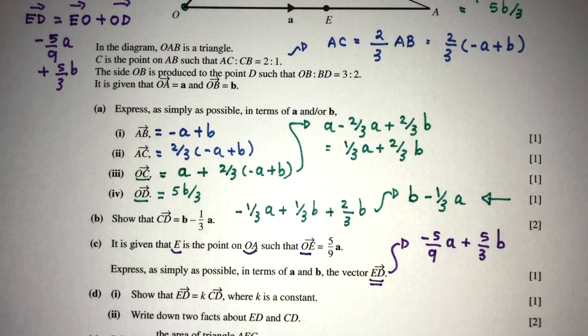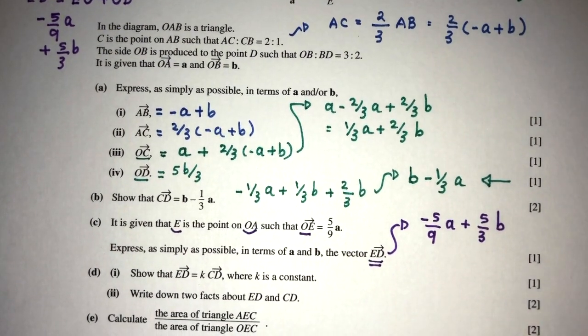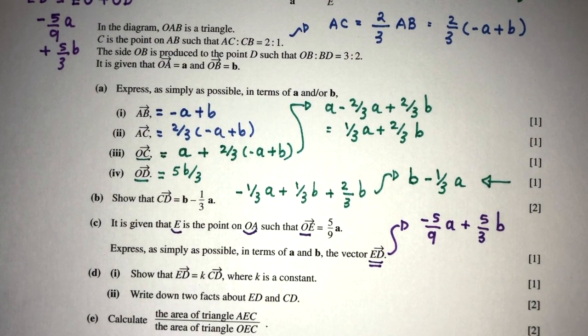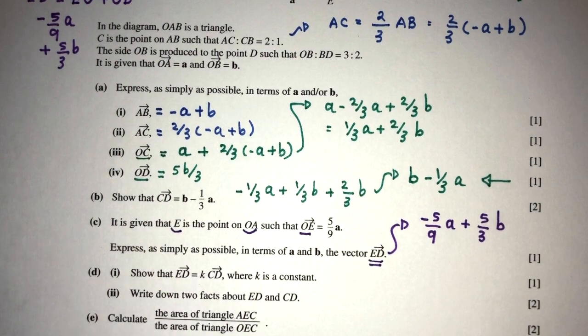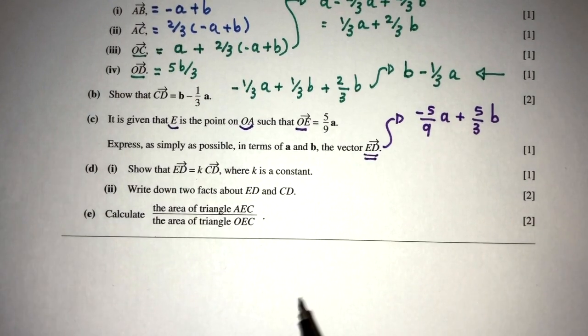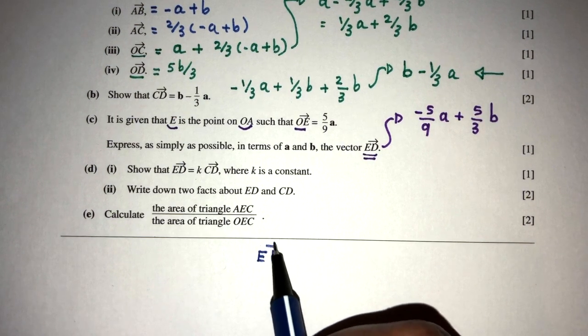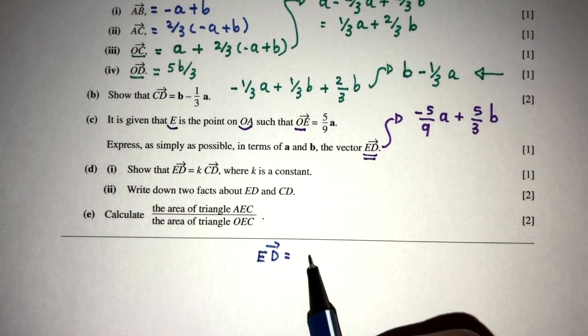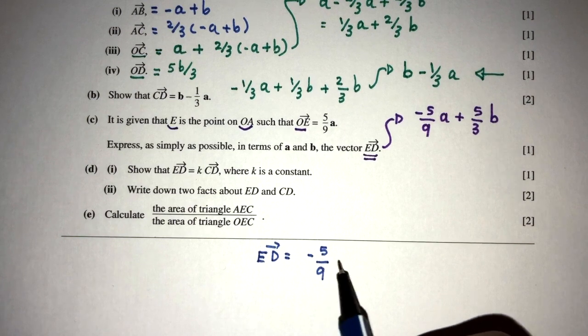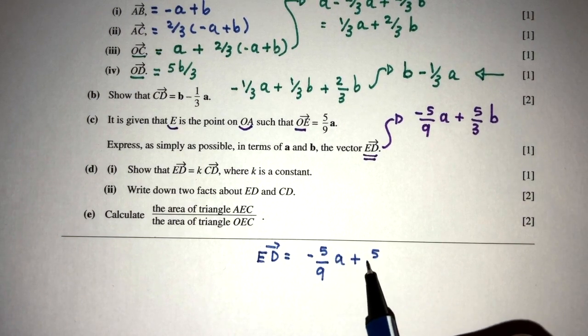Now for part D, we have to show that ED is equal to k times CD, where k is a constant. Let me write these values together. First thing first, we have ED that we have found, which was minus 5 over 9a plus 5 over 3b.